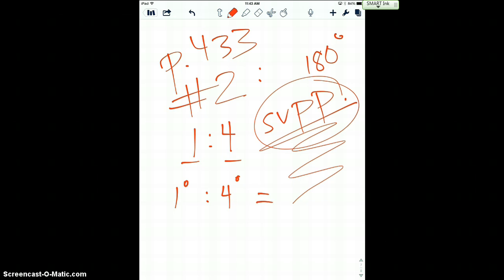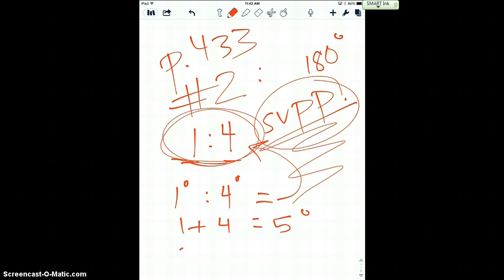No, because if I add those together, I'm at 5 degrees. But that's in the ratio 1 to 4. Yeah, it is. Well, let's find an equivalent ratio to 1 to 4. What if we double this? 2 to 8. Are we good then? 2 degrees, 8 degrees. Is that going to give me 180? Heck no. You see how this can take a long time if I just keep doubling and tripling and doing guess and check.